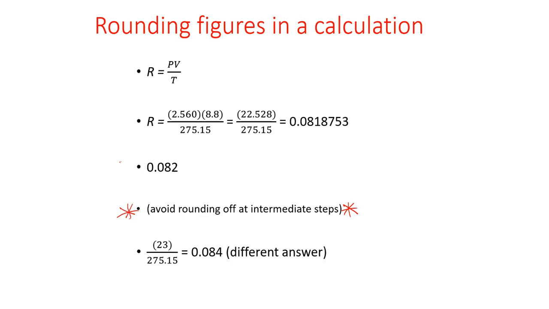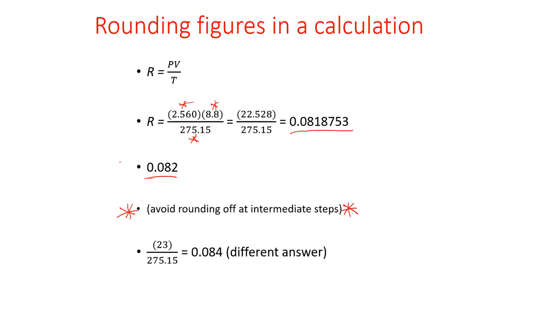For example, here I had my figures, this value, this value. I didn't mess with their significant figures. I calculated, I get this long answer, and then I decided to round it to two significant figures. I get 0.082.